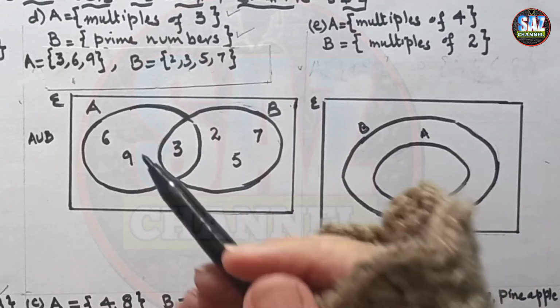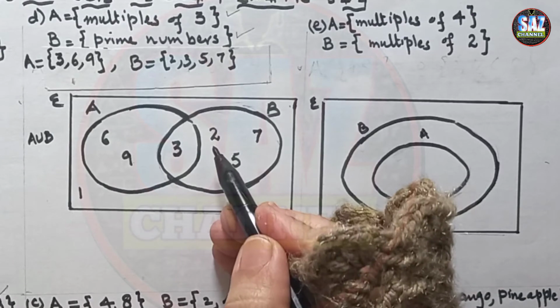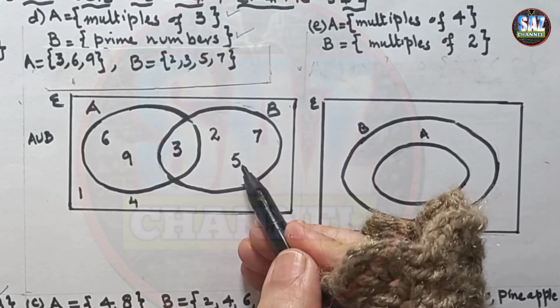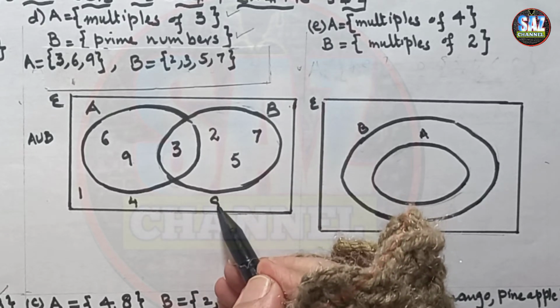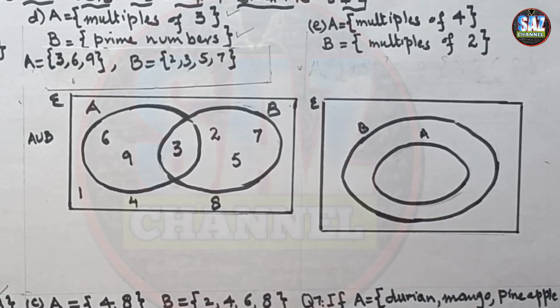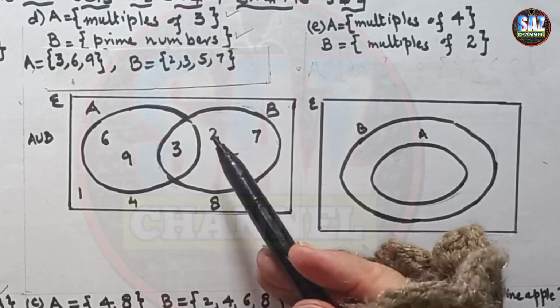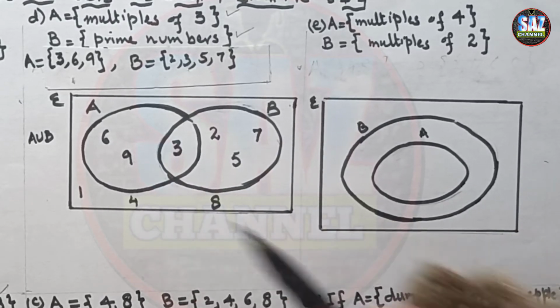So if we look at the universal, we can see 1 is not coming in the sets, then 2 is coming, 3 is coming, 4 is not coming, 5 is coming, 6 is coming, 7 is coming, 8 is not coming. So 1, 4 and 8 are outside these two sets, and the remaining elements are 1, 2, 3, 4, 5, 6, 7, 8 and 9.